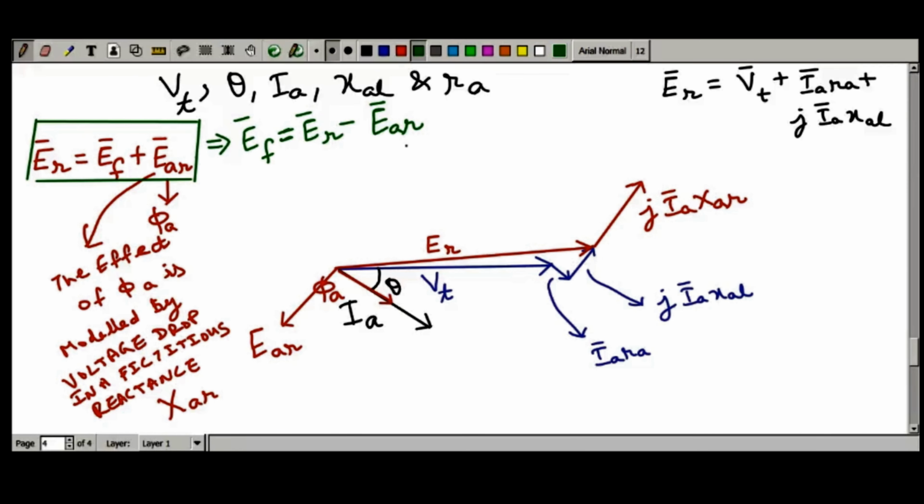But what is minus Ear? You see, the phases of these two quantities are opposite.